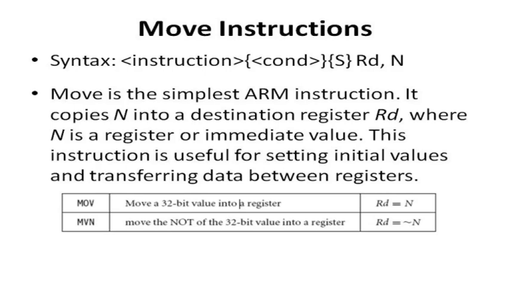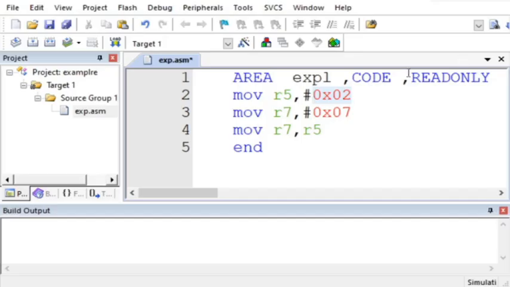Rd is, in my program what I showed just now, R5, the destination register, and n is the immediate data. I'll show that program again. Here we have 0x02. This is our n. So the destination register is R5.